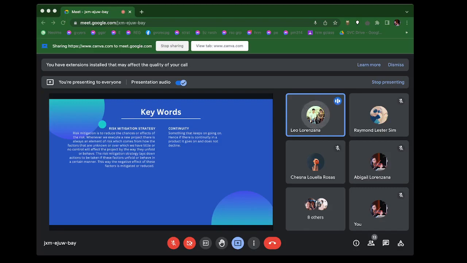Last two keywords. Risk mitigation strategy. Risk mitigation is to reduce the chances of or the effect of the risk. Whenever we execute a new project, there is always an element of risk, which comes from factors that are unknown or over which we have little or no control, which will affect the project by the way they unfold or behave, like COVID.